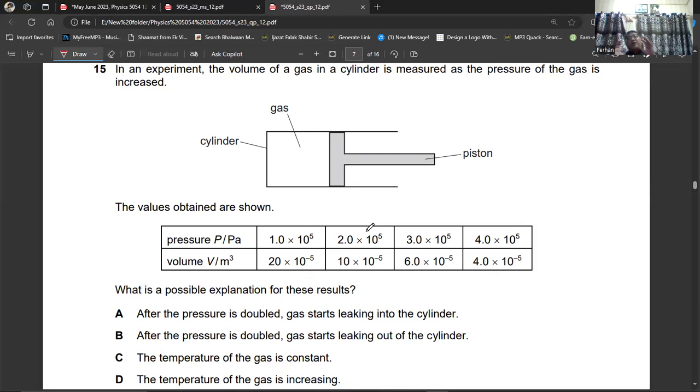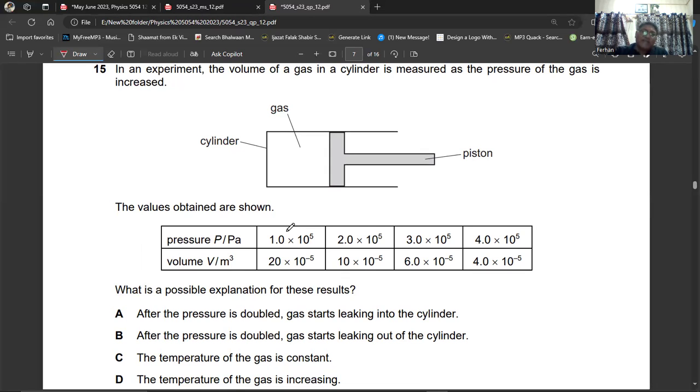Okay, so here you see, because the pressure and the volume have an inverse relation with each other, if you double the pressure, the volume will become half. If you make the pressure 3 times, the volume should become 1/3. When you make the pressure 4 times, the volume should become 1/4.